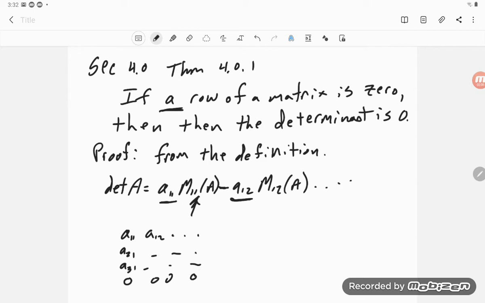Well, what's going to happen is the definition is going to be based on the first row, and then the minors are going to be made up of pieces of this part.